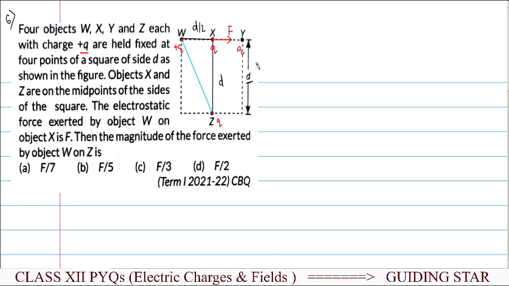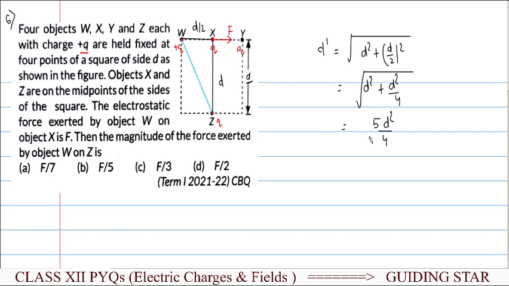So this diagonal, let it be D prime, equals under root D square plus D by 2 whole square. So it will be D square plus D square upon 4, which is 5 D square upon 4 under root. So it will be root 5 D by 2. So this particular diagonal will be root 5 D by 2.